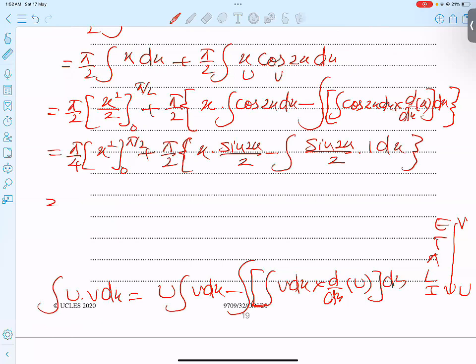Now students, when I plug in the upper limit and minus lower limit, I got pi to the power 2 by 4, because the square of 2 is 4. And minus 0, you write or don't write, no problem at all.